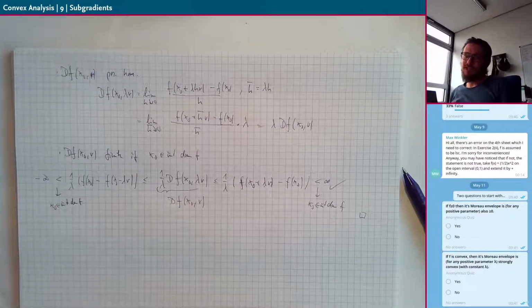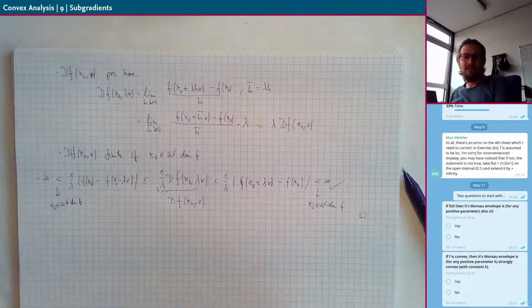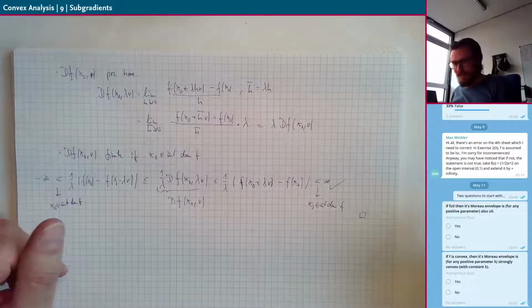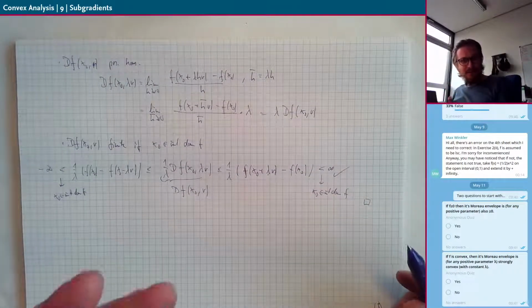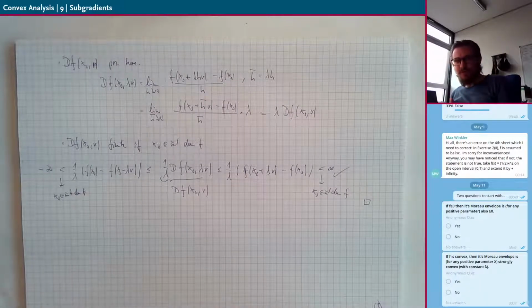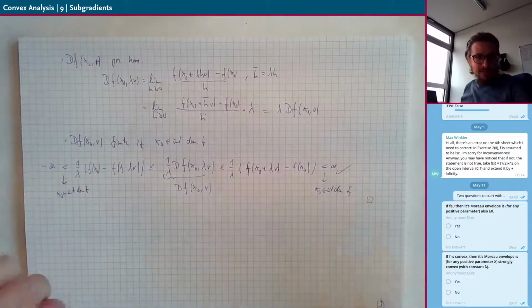But a supporting hyperplane has at least the property that the graph is totally on one side, so it cannot behave too weirdly in the region of the hyperplane. So it cannot stick through the hyperplane, not locally, and not even globally. So the supporting hyperplanes also do some kind of approximation. Not in a way like differentiable. It happens for differentiable functions, but it still happens anyway, in a slightly different way.